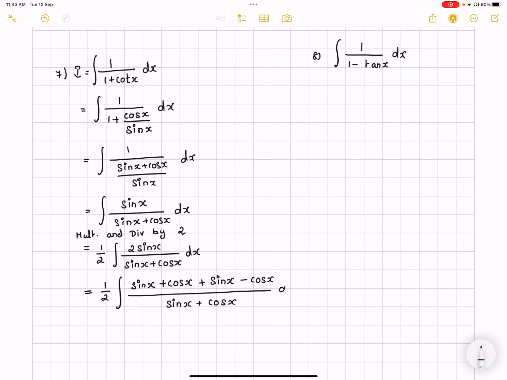Why did we do this? Here I have only one term in my numerator, whereas in my denominator I have two terms. When we have that format, cancellation is not possible. Cancellation is possible only when we have one term in the denominator and two terms in the numerator. In that case, we can split and the cancellation is possible.